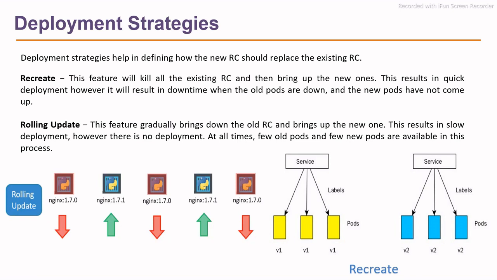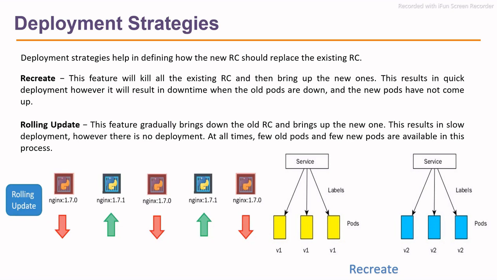So there are two types of deployment strategies. Say, for example, you have 5 replicas of your web application instances deployed. One way to upgrade these to a newer version is to destroy all of them and then create the newer version of the application instances.